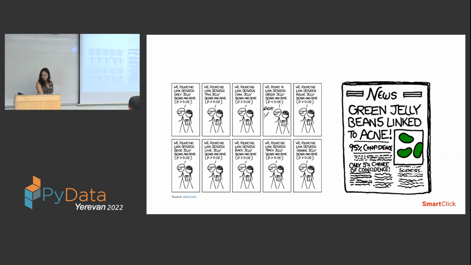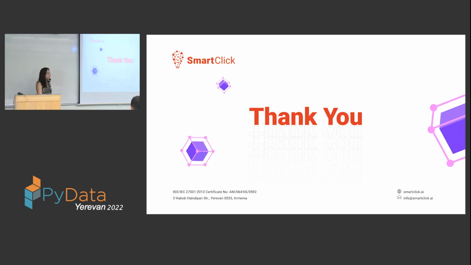So this is the issue of multiple testing that most researchers know, that their research has a 5% chance of being wrong. So when you are reading about studies that have a lot of factors or studies that have not been replicated, you have to understand that there is a chance that it is a false positive. This is why we have peer reviews for our papers. People replicate our results to make sure that this was not just a coincidence. Right. Thank you.